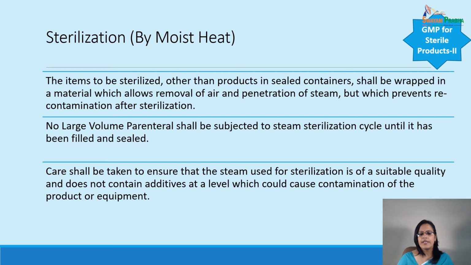Care must be taken to ensure that the steam used for sterilization is of suitable quality and does not contain additives at a level which could cause contamination. That means the steam which we are using should be of a quality that does not contaminate our product instead of sterilizing it.